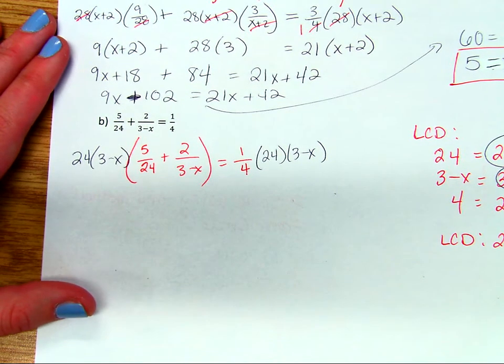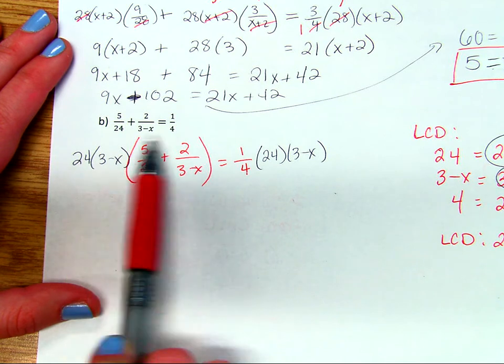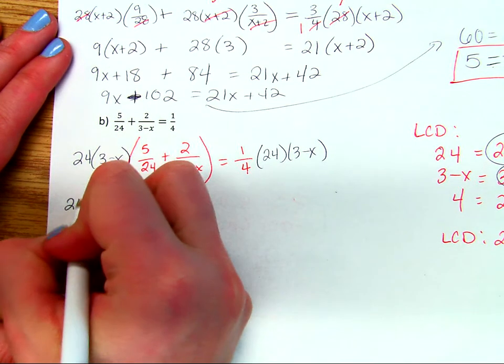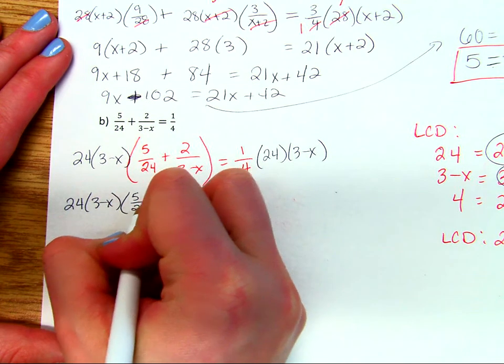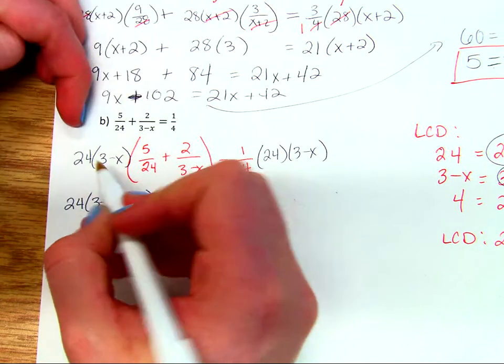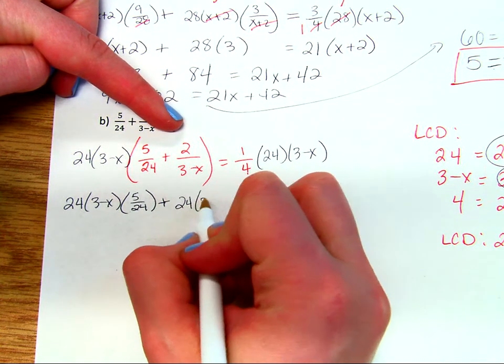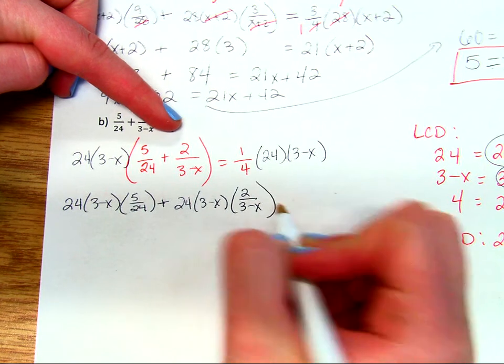Let me distribute here, so I'm going to do 24 times 3 minus x and multiply it with both of the terms here using my distributive property. So I have 24 times 3 minus x times 5 over 24 plus, now distribute it to the second term, 24 times 3 minus x times 2 over 3 minus x.